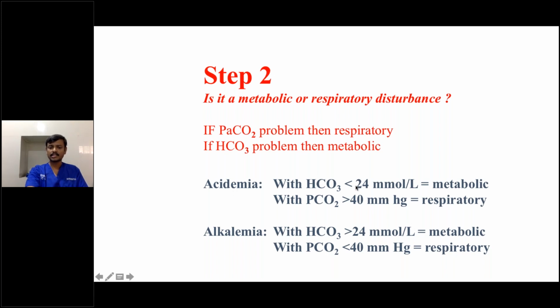Bicarbonate low means less than 24, from the calculation point of view, and PCO2 more than 40, then we call it acidosis. If bicarbonate is less than 24, we call it metabolic acidosis. If PCO2 is more than 40, we call it respiratory acidosis. Likewise, in alkalemia, if the bicarbonate is more than 24, we call it metabolic alkalosis or metabolic alkalemia. If PCO2 is less than 40, we call it respiratory alkalemia or respiratory alkalosis.